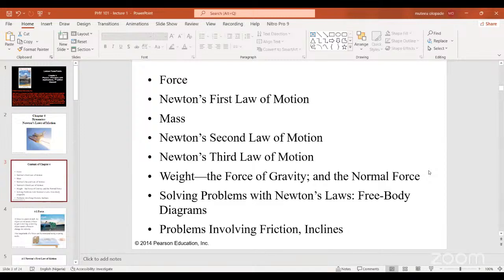We have the first law, the second law, and the third law of motion. And thereafter, we relate these to weight and mass. And thereafter, we'll see some problems. Just like I said, the problems will be solved during the next class, which is Thursday.